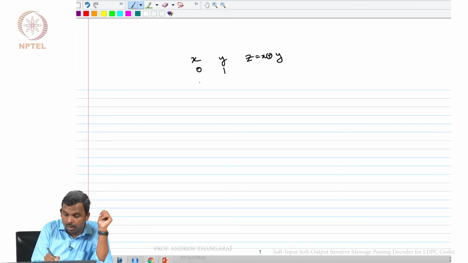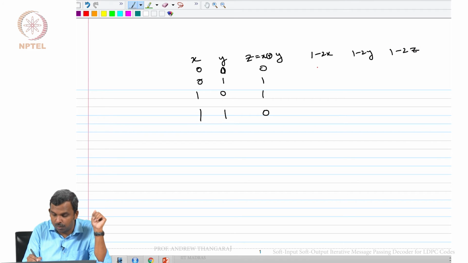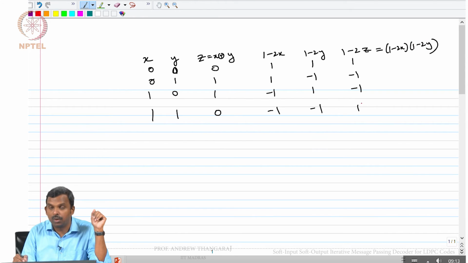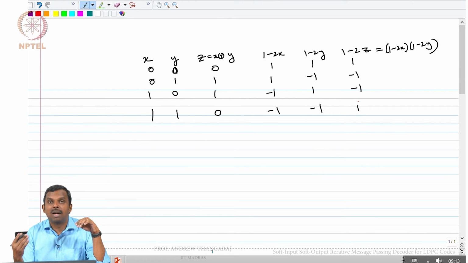For 0 0, 0 1, 1 0, 1 1, you have z equal to 0 1 1 0. If you look at 1 minus 2x, 1 minus 2y and 1 minus 2z, like the BPSK modulation, so to speak, you have 1 1 minus 1 minus 1, 1 minus 1 1 minus 1, and if you look at 1 minus 2z, you get 1 minus 1 minus 1 1, which is actually equal to 1 minus 2x times 1 minus 2y. You can multiply these two and you get this.